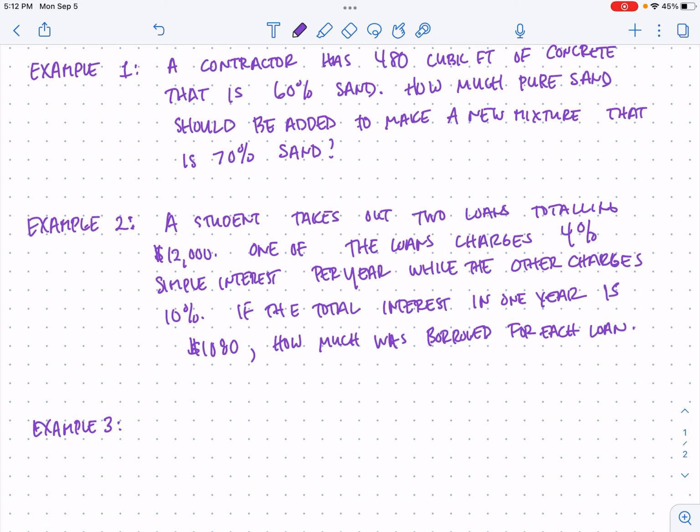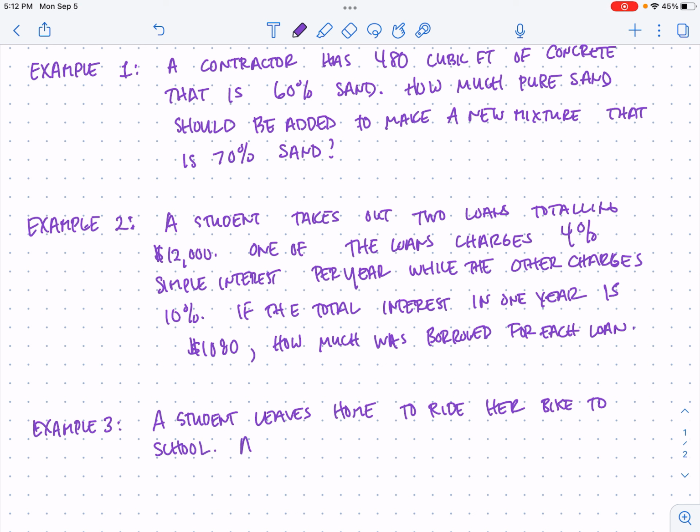And in this example, a student leaves home to ride her bike to school.